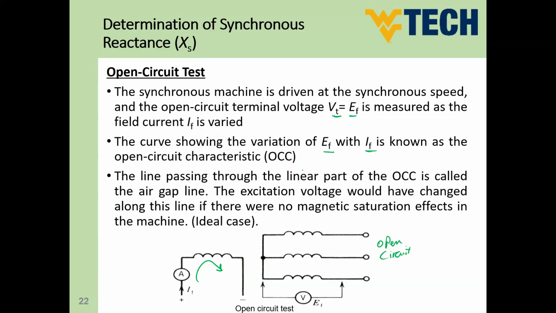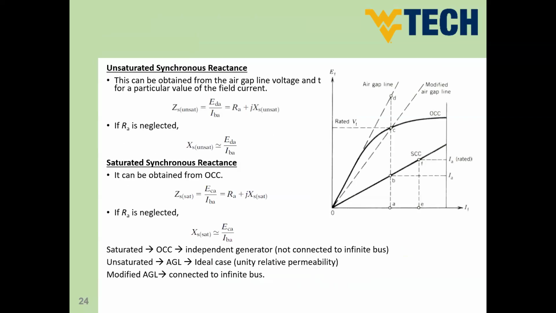Now, let me show you this curve here. This is the open circuit characteristic. As we mentioned, we change the value of IF and find the corresponding value of EF and then draw our characteristic. One point of the open circuit characteristic, guys, is going to be the rated volt of our machine.